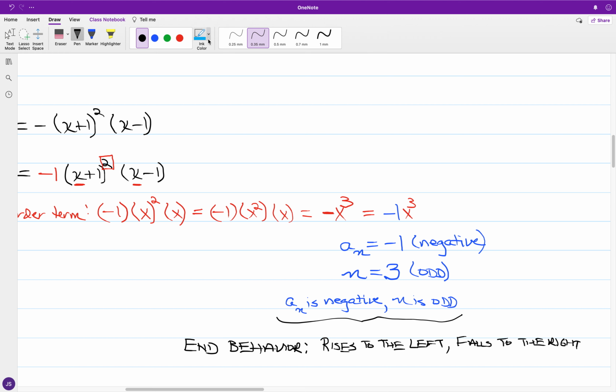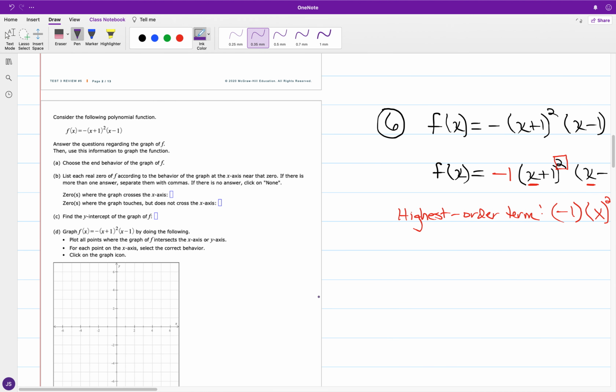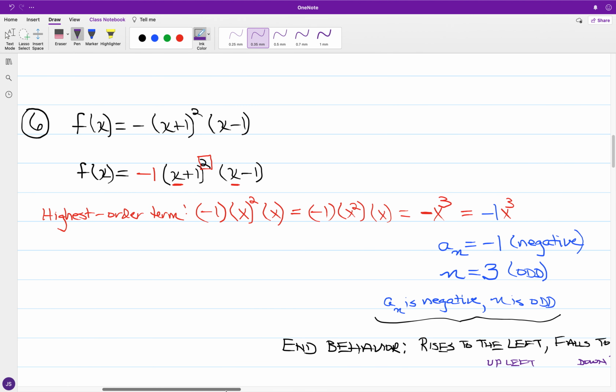Just a little different phrasing: up to the left, down to the right. So that's going to be the end behavior in this case. So we got that for part A.